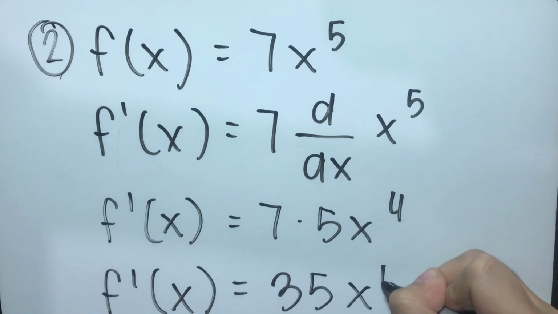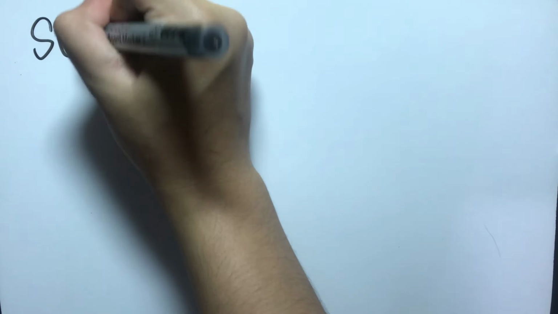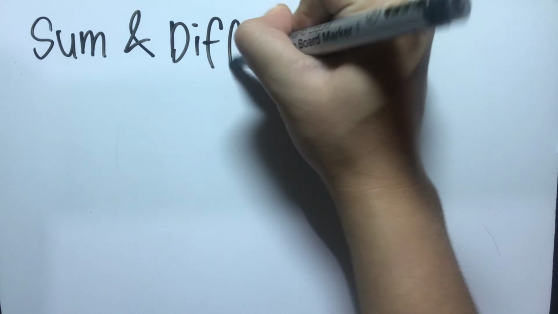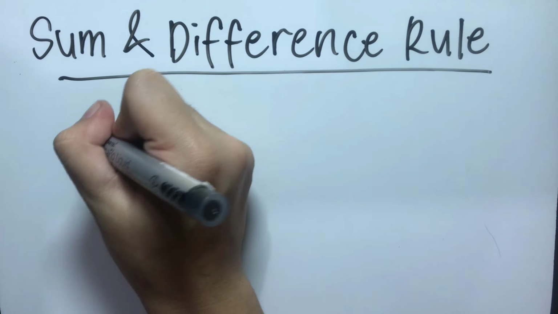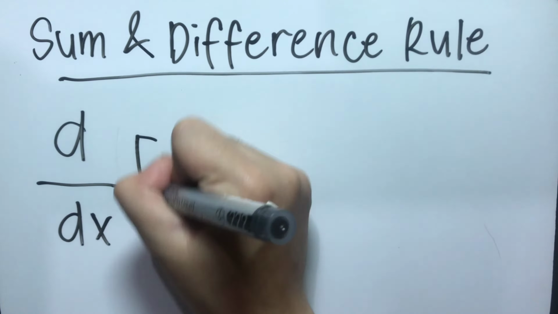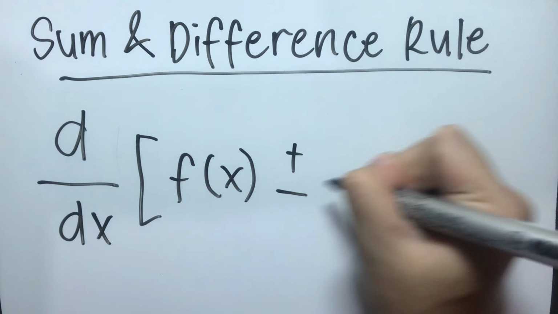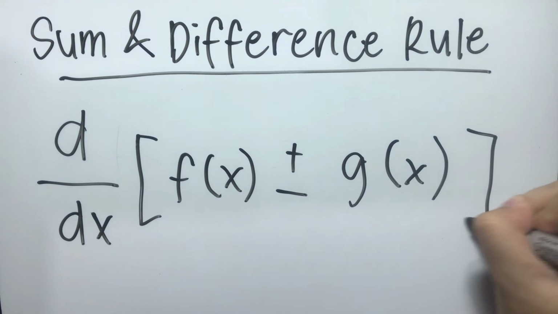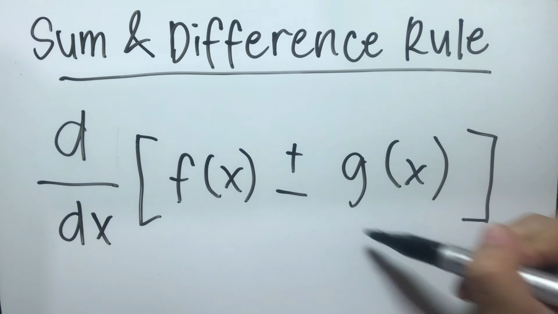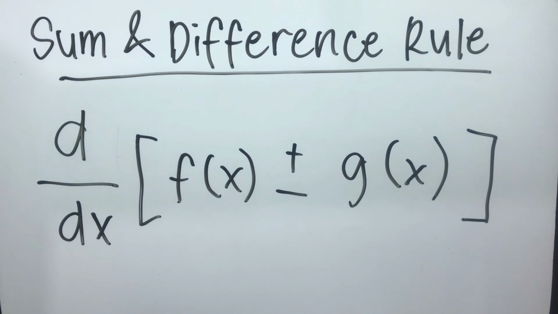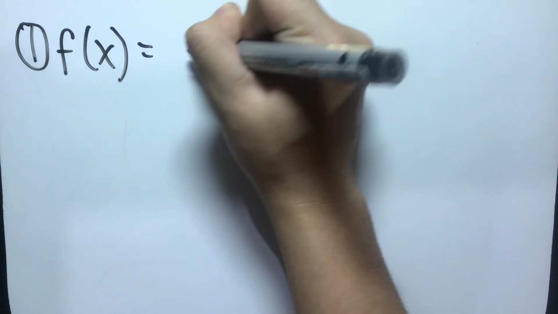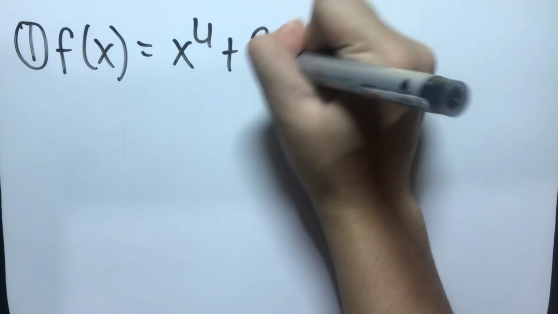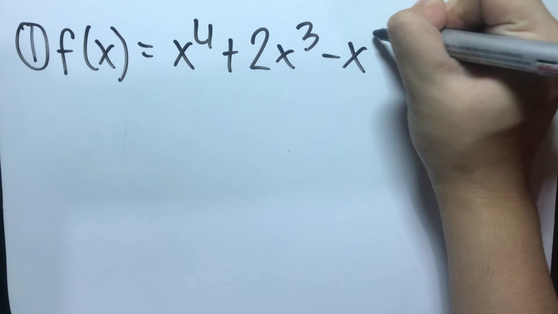Let's move on to the sum and difference rule. The derivative of f of x plus or minus g of x is the derivative of f of x plus or minus the derivative of g of x. We get the derivatives of each term, considering the operation in between. So for number 1, f of x is equal to x raised to 4 plus 2x cubed minus x squared plus 4x minus 1.